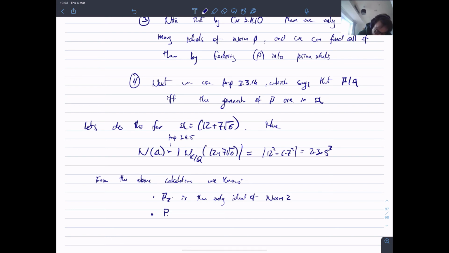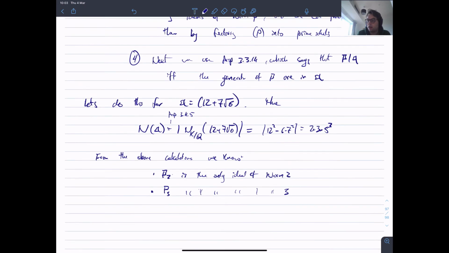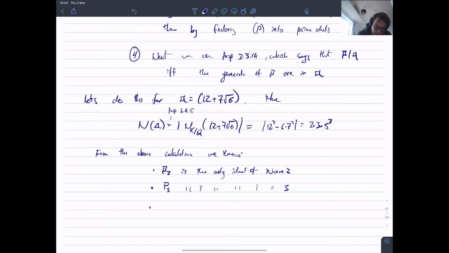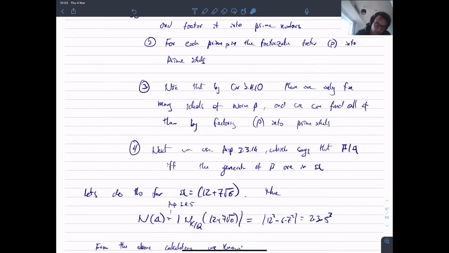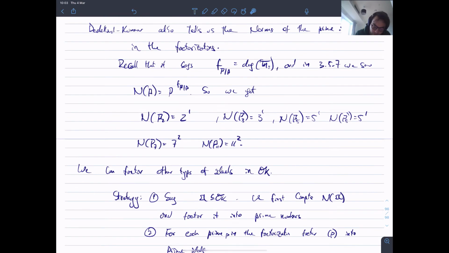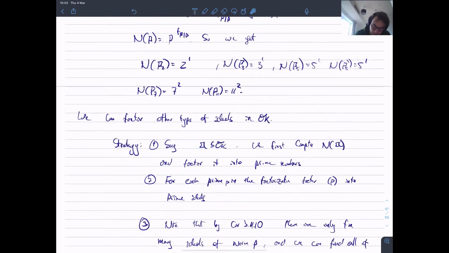Similarly, P3 is the only ideal of norm 3. And for 5, we know that there are two different prime ideals of norm 5: P5 and P5 prime.